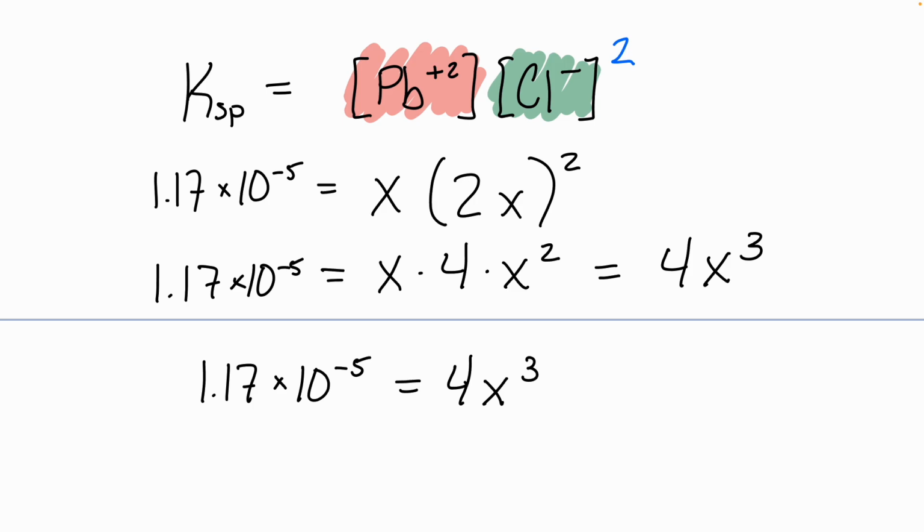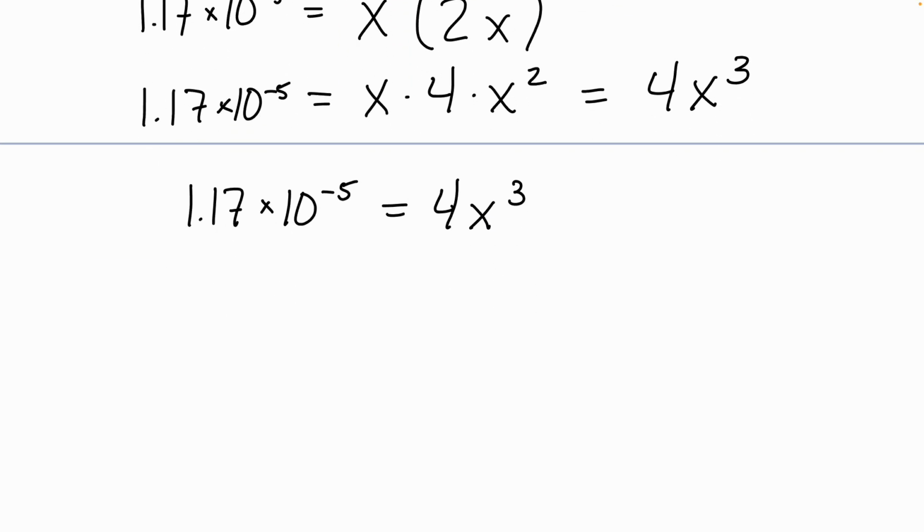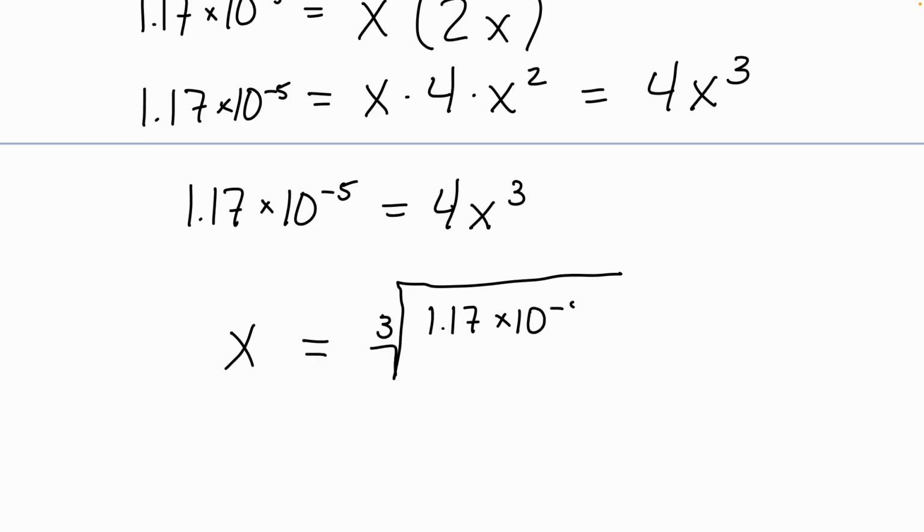So 1.17 times 10 to the negative 5 equals 4x cubed. That means x is equal to the cube root of 1.17 times 10 to the negative 5 over 4.